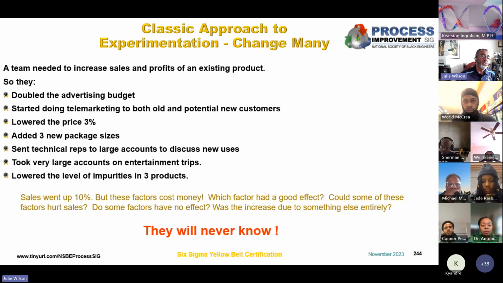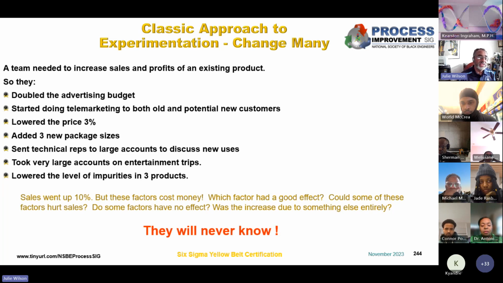So you could have designed an experiment and then run a number of these conditions and measured sales and determined which of these factors or which combination of factors actually make a difference.